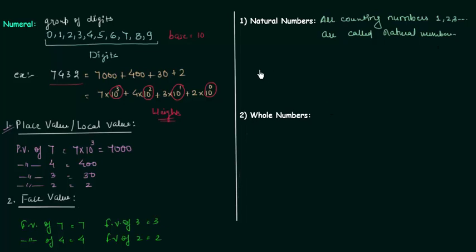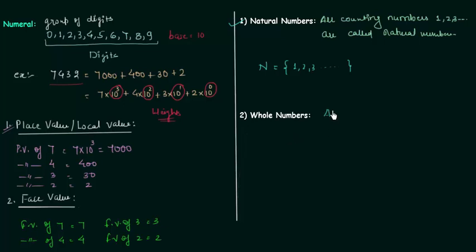Okay, and we can represent the set of natural numbers like this: 1, 2, 3 all the way to infinity. So we are done with the first type. Now we will move to the second type, that is whole numbers. All counting numbers including 0 are called whole numbers.